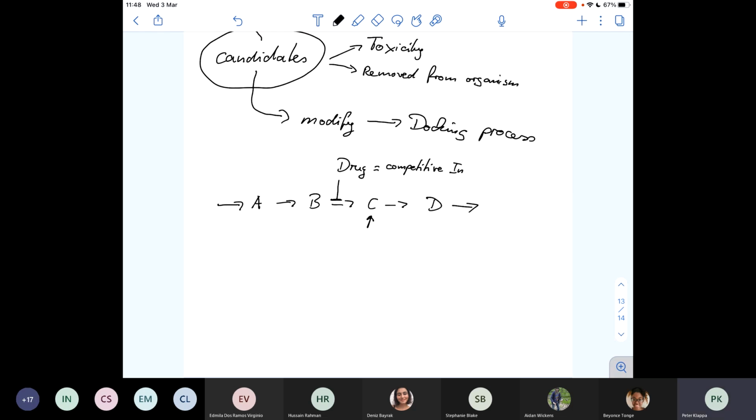What will happen to the concentration of C? That's not a trick question. You're absolutely right. It goes down. Totally right. What happens to the concentration of B? So now I'm asking for B. What happens to the concentration of B in this pathway?